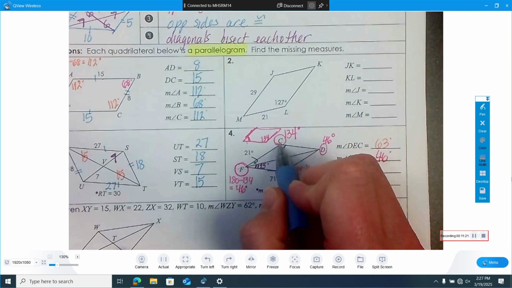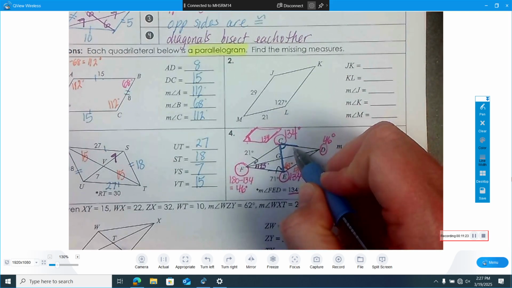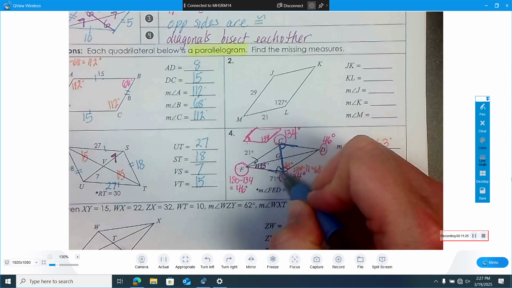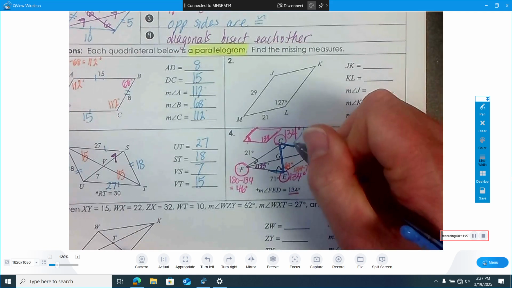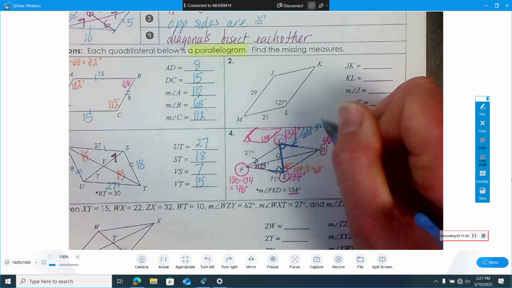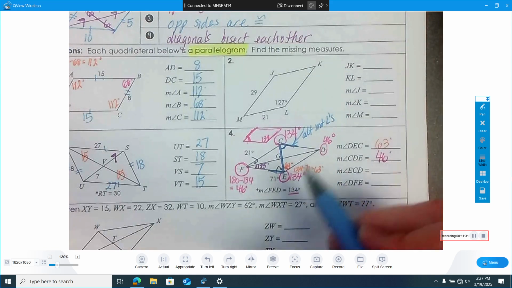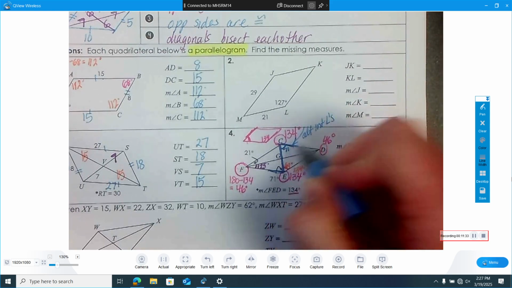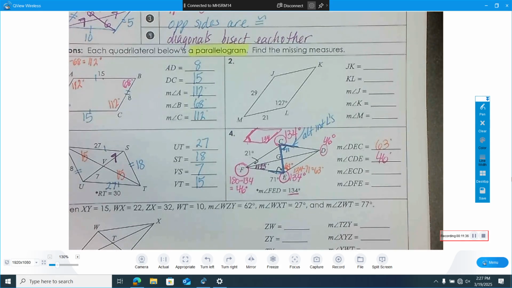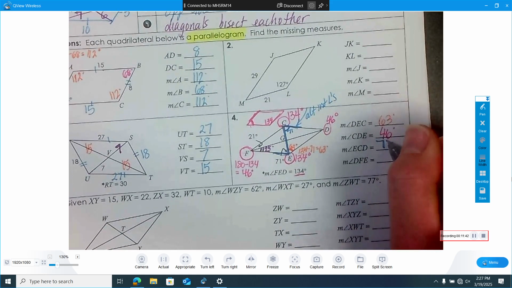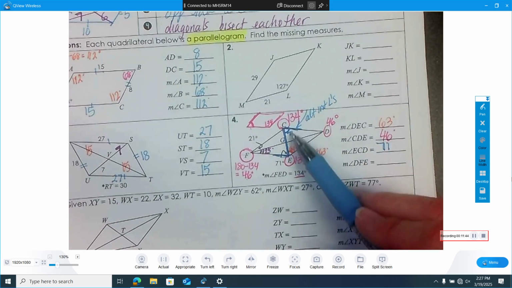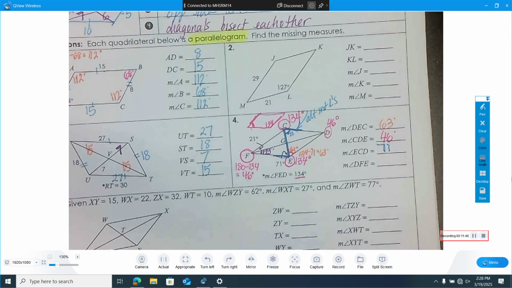This is the tricky part. Do you see the Z shape? So that's key right there. We have alternate interior angles. So that is also 71. There are so many alternate interior angles, so that's really something you want to pay attention to. 71 for that little angle up top right there.